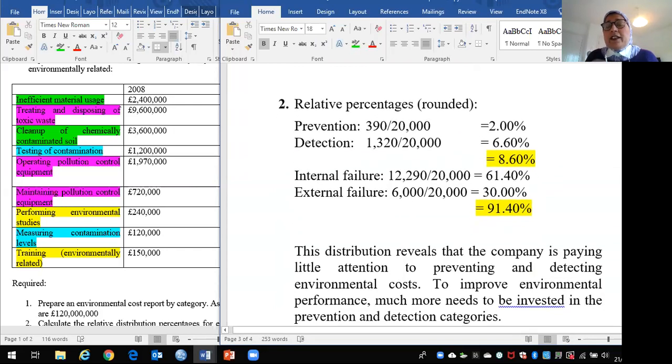How do we calculate the distribution of the environmental quality cost? Again, you take the total of the category divided by the total environmental quality cost for the year. And because we are dealing here with 1 year only, the total prevention was 390. Where do I get this 390 from?